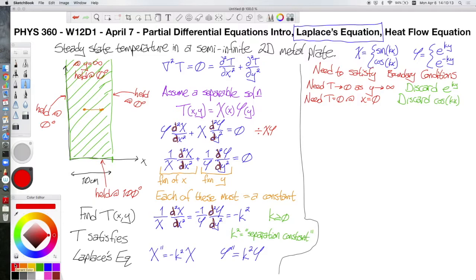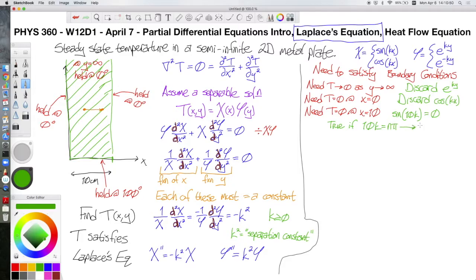The next boundary condition we need to satisfy is that the temperature needs to be 0 at x equals 10. In order to satisfy this one, we need sine of 10k to equal 0, which is only going to be true if 10k is equal to n pi, because sine is 0 for whole number multiples of pi in the argument.